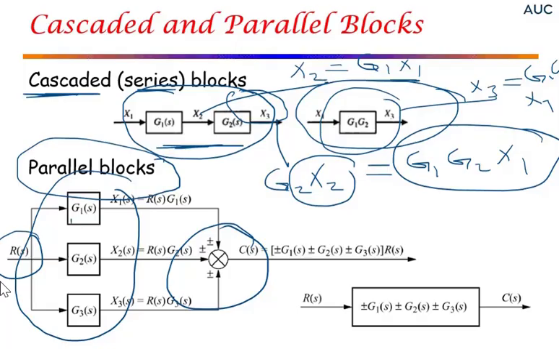So as you can see here, the three branches here are replaced by plus or minus g1, plus or minus g2, plus or minus g3, depending of course on the signs that appear at the summing junction. So again, this is another possible way to reduce the parallel blocks.